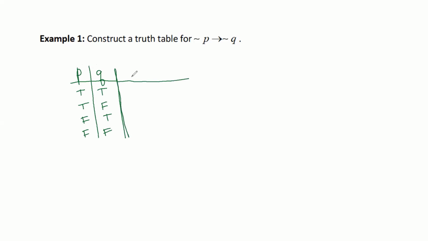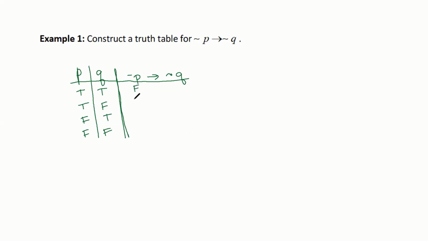Then we're going to write in our statement to evaluate: not P, the if-then statement, and the not Q. And then we'll begin with putting in the value of not P and the value of not Q.